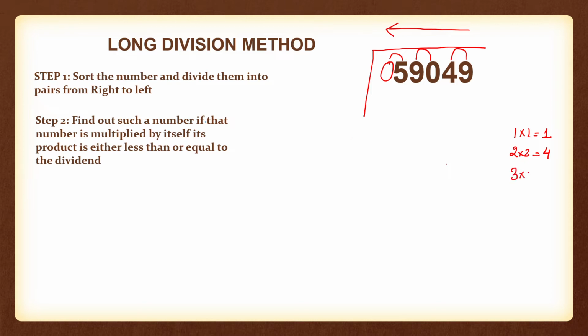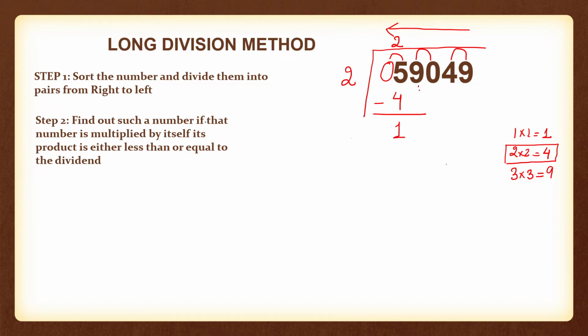You have to multiply by the same number. 3 into 3 is 9. 9 is greater than 5 and 4 is less than 5. So we will pick this one. So write 2 in place of divisor as well as quotient. Rest is your normal division. 5 minus 1 is 4.